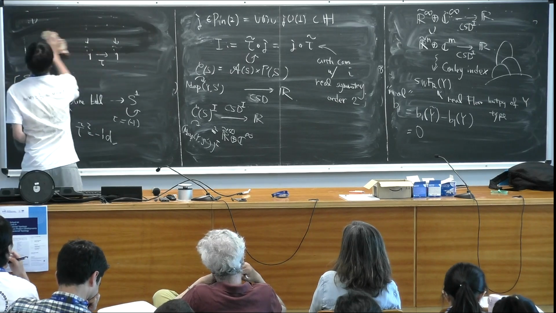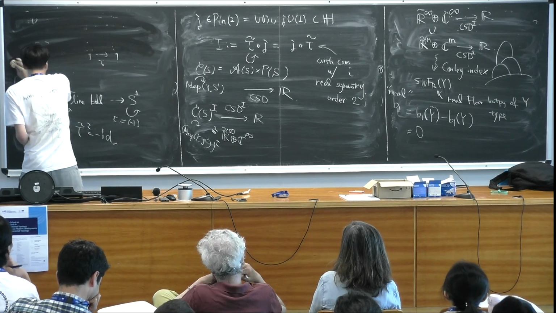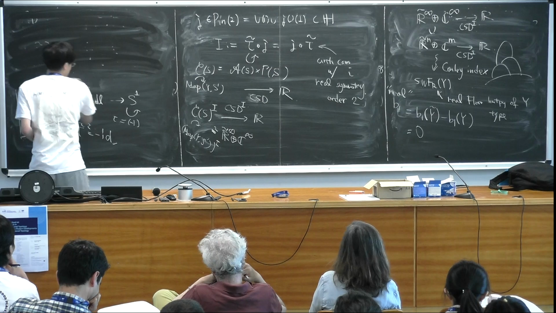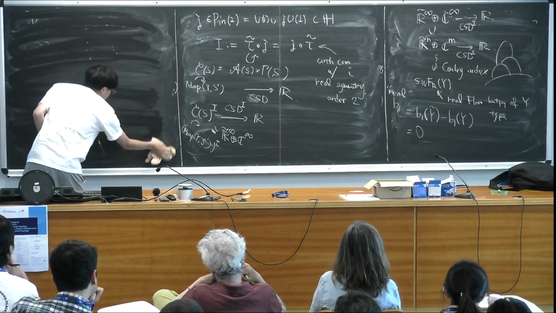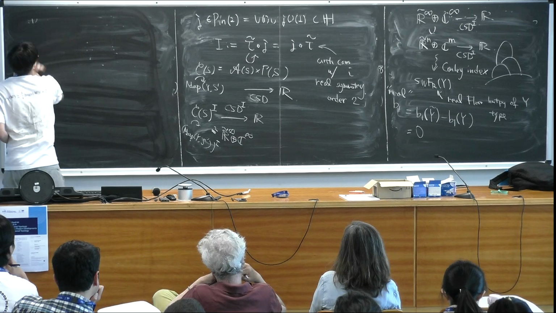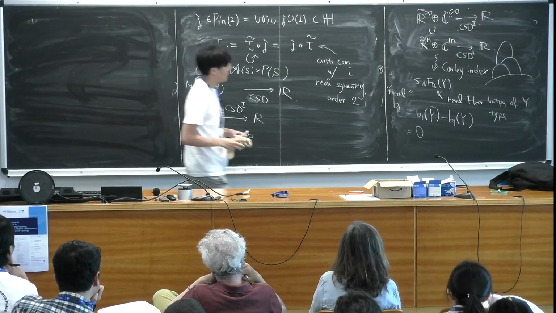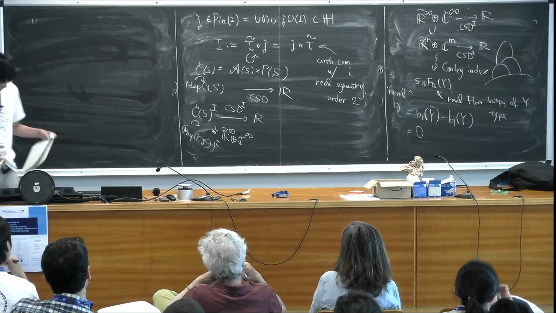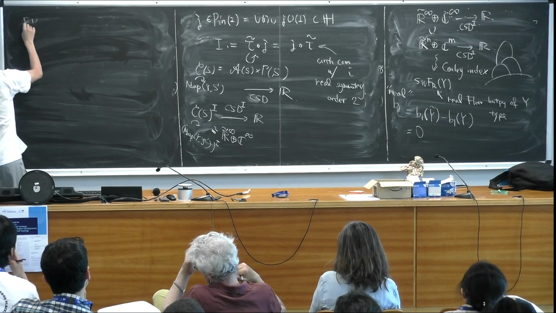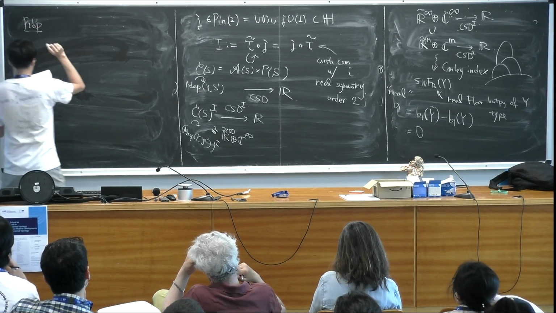So I want to apply this construction to zero surgery to get some relation between the Floer homotopy type of a knot with surgeries. Again, this is a technical proposition.